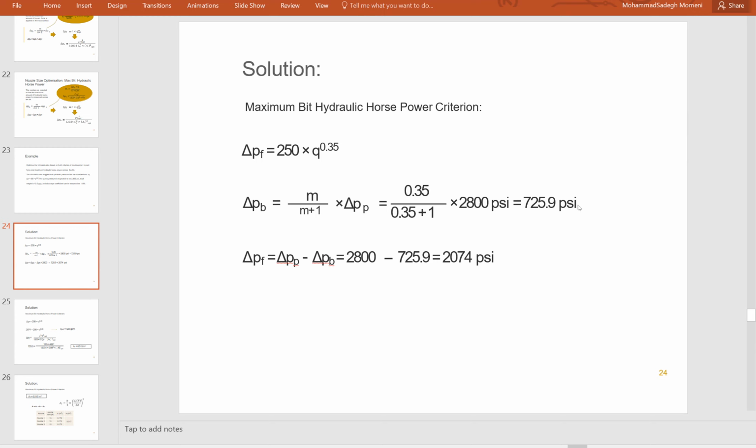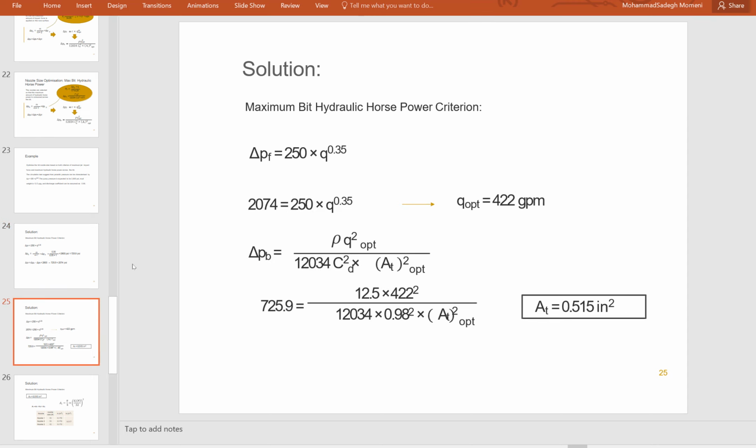If I use the equation, I can find the pressure drop in the bit. I know how much the pump pressure is, so I can find delta PF. When I have delta PF, I can find the optimum flow rate. And when I find the optimum flow rate, I would be able to find the total nozzle area using this method. So the flow rate is 422 and the total nozzle area is 0.515.